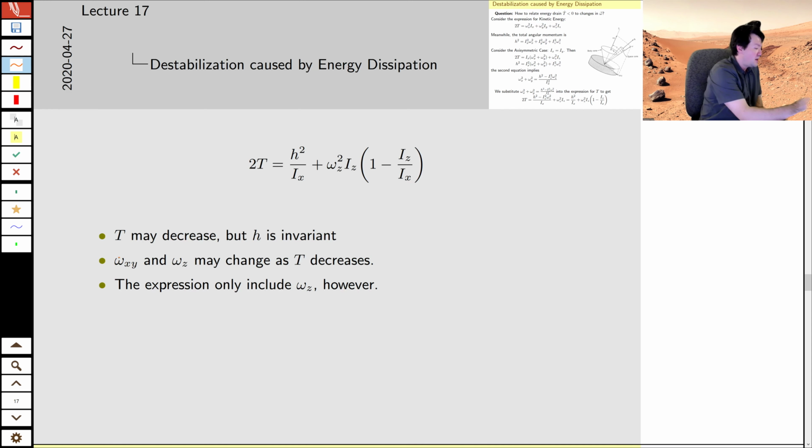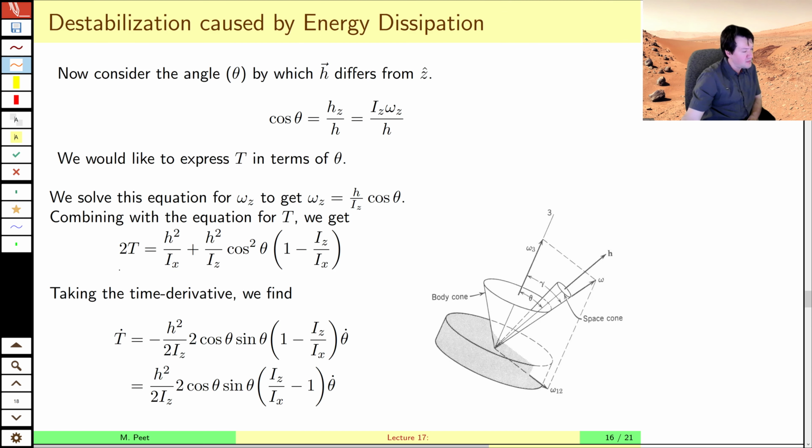So again, we eliminated omega_x and omega_y, so we're not going to fuss with them. Everything we need to know, we can figure out in terms of omega_z. Now, I say that, but we're actually going to get rid of omega_z too, to make things slightly more geometric. Specifically, if you remember our body cones and our space cones, here's this oblate object, there's our body cone, there's our space cone.